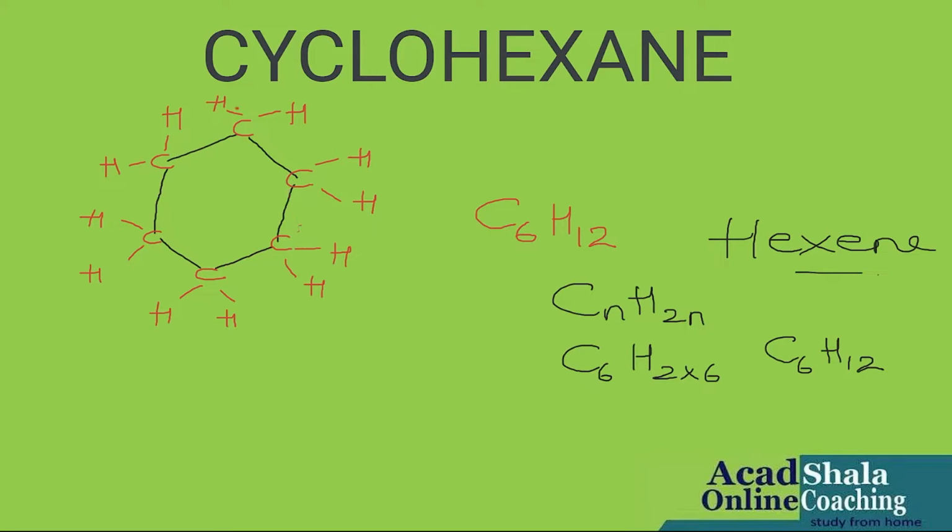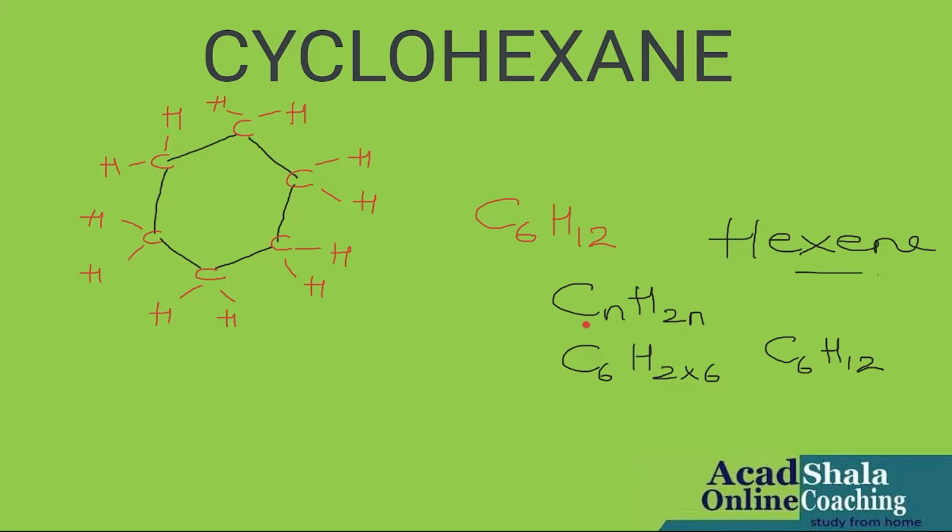After this, I have also put hydrogens to satisfy all its sides. After this, what I see is that I have carbon 6, and then when I count the hydrogens, I have hydrogen 12. Yes or no? After this, if I see that C6H12 is the what? The molecular formula of hexene.